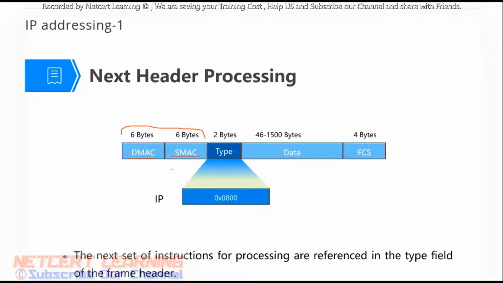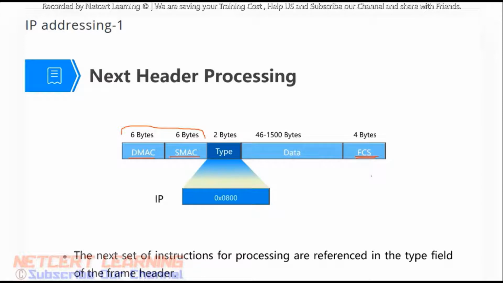It is used to identify the source and destination in the local area network, the LAN. And then the end field is the FCS, the frame checksum, to check that the frame is not destroyed during the sending from the source to the destination.